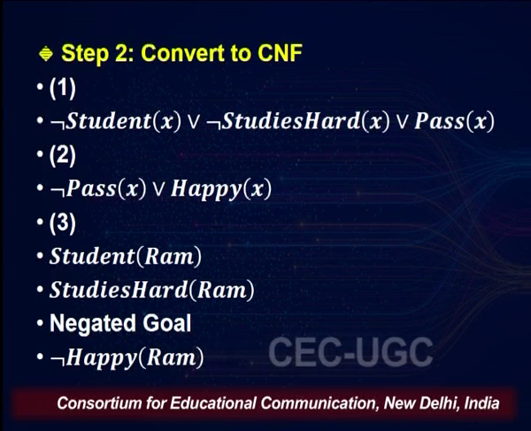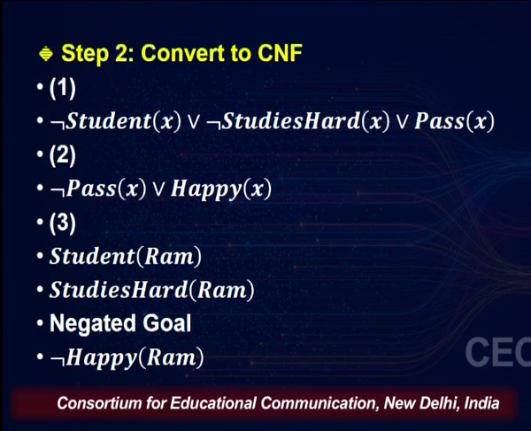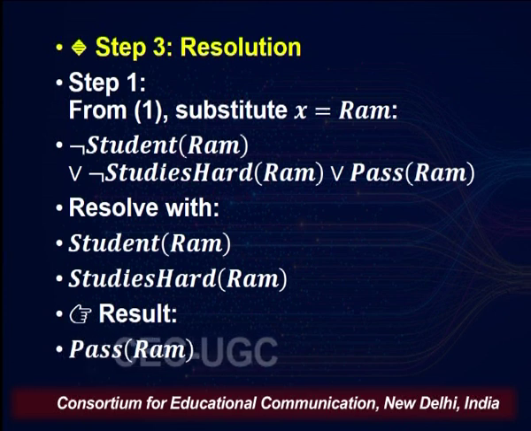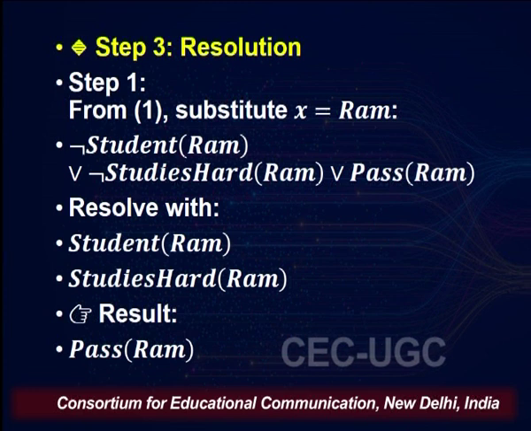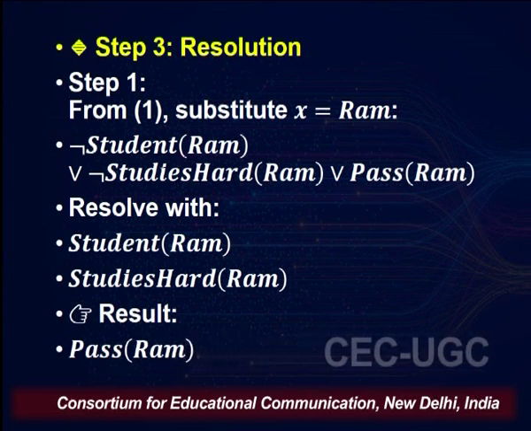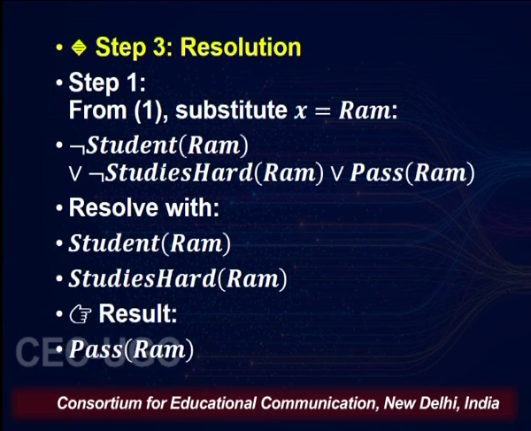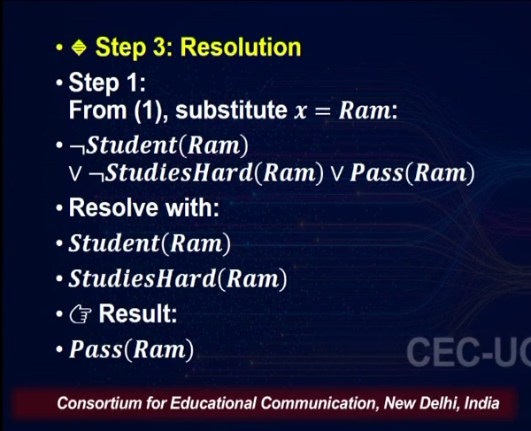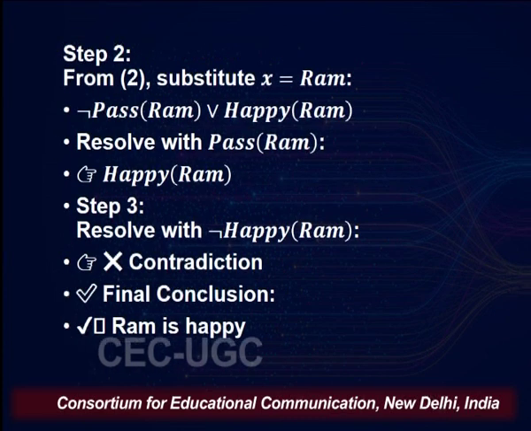With these statements and the negated goal, we are going to resolve these clauses, substituting x with Ram. Negation of student Ram or negation of studies hard Ram or pass Ram will be resolved with student Ram and studies hard Ram, and finally the result is pass Ram.